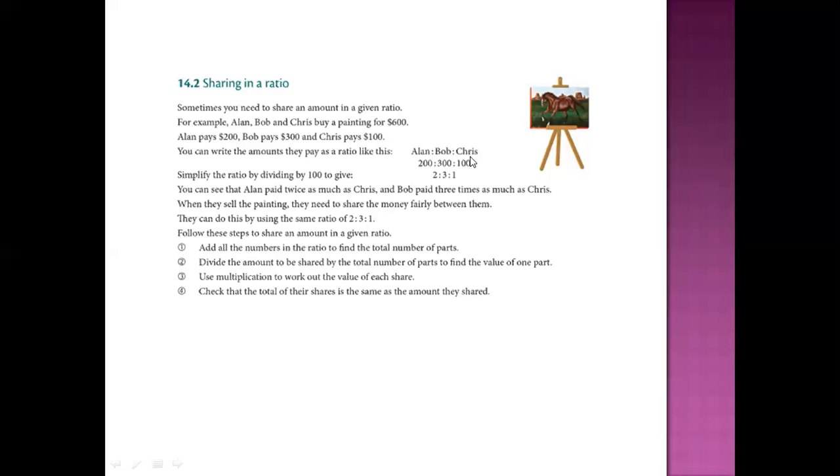So that's why Chris should pay $100, Bob should pay $300, and Alan should pay $200.